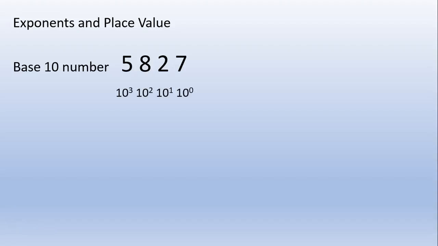Now just a quick word about exponents and place value. If we have a base 10 number, like 5,827, we know that each of those digits are in a place. So the 5 is in the thousands place, which is the 10 to the third place. The 8 is in the hundreds place, or the 10 squared place.